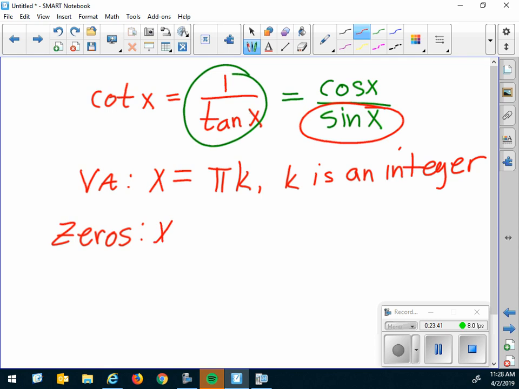So you have zeros at pi over 2 plus pi k. Ladies and gentlemen, those are flipped for tangent. And that should make sense because this is flipped. That's all that's important right there.